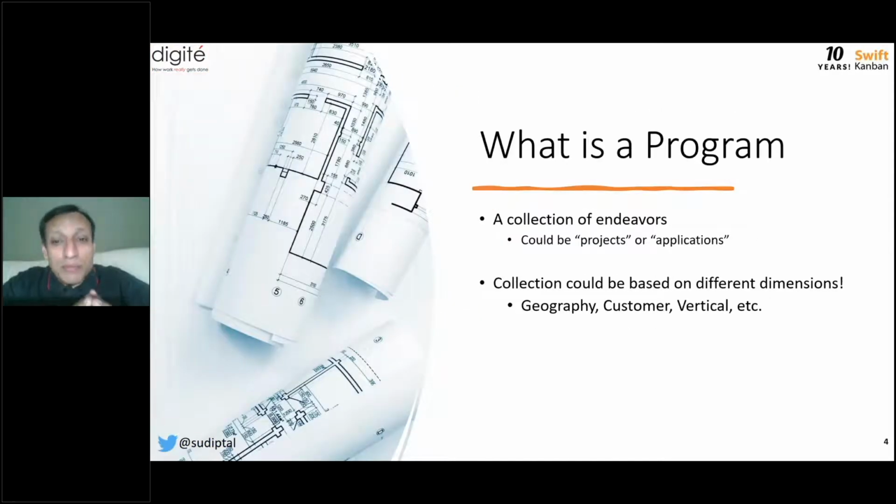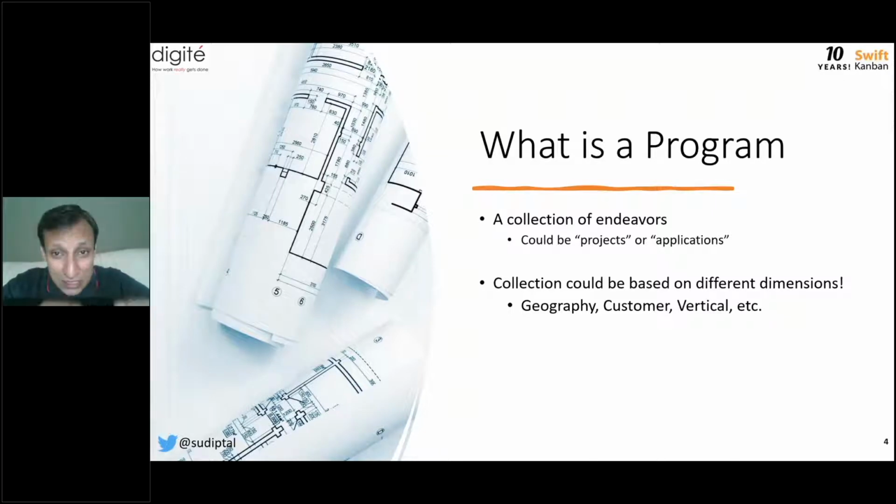So what is a program? Loosely said, a program is a collection of endeavors, and the endeavors could be projects, applications, your initiatives. It's not one single project or one single application. Typically, a program has a much larger connotation where you're looking after a whole set or suite of projects or applications or initiatives, whatever is the semantic and the nomenclature that you use.